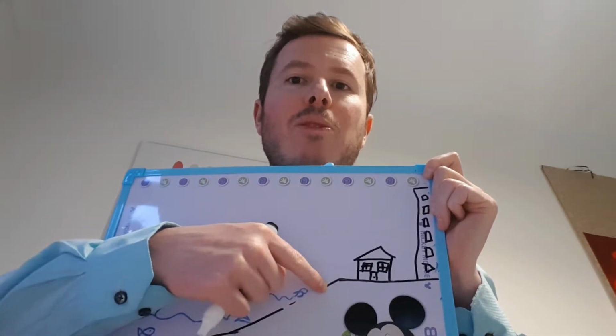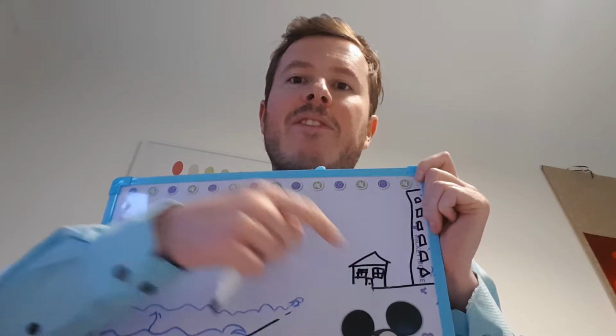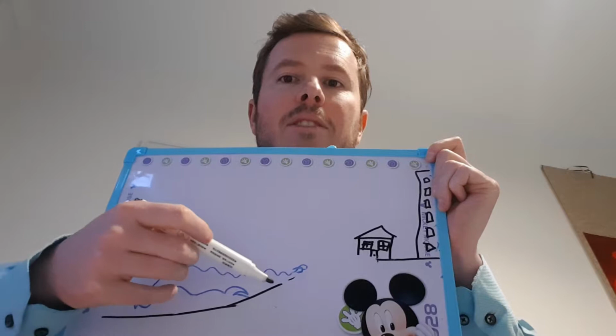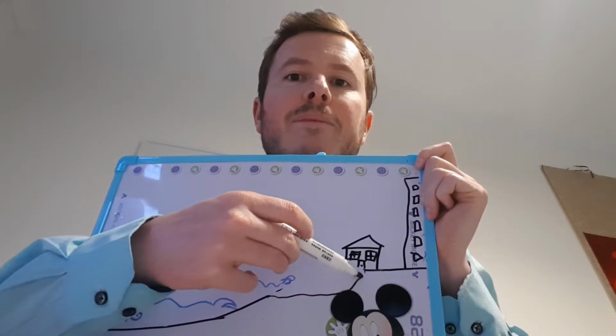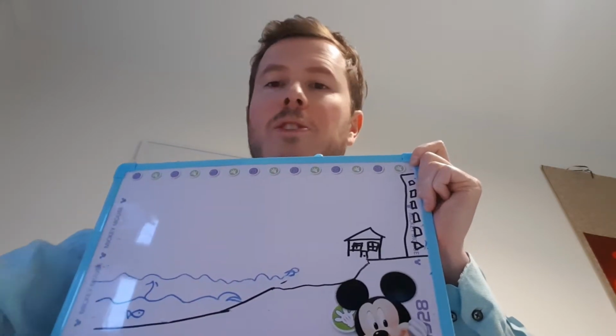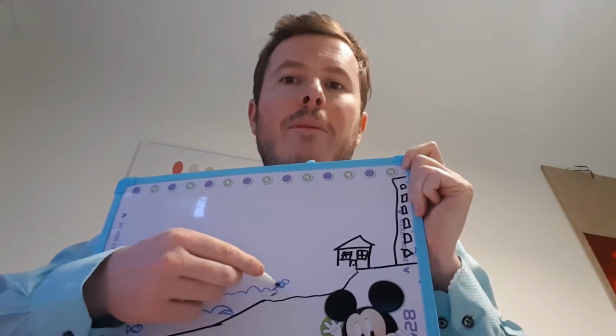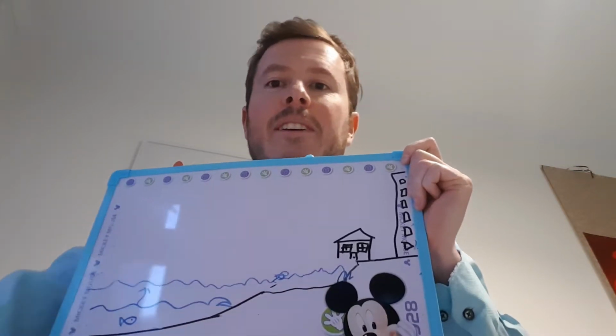So I'm going to show you what the land will actually look like with a sea level rise. With a sea level rise of this big, the land would look more like this. We have a little cliff here, and the water will be coming in and crashing into here.